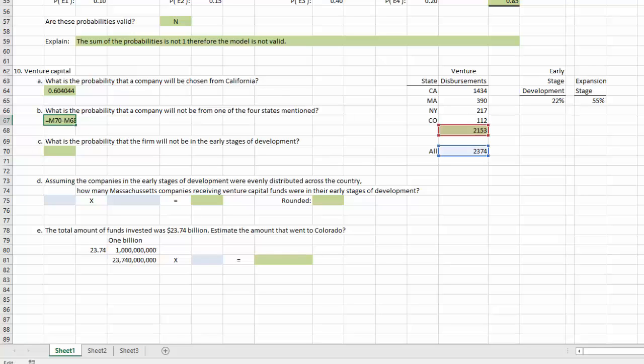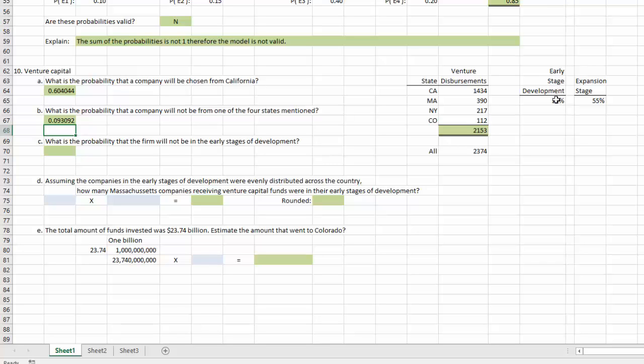So what's the probability of a company being in that 221? All I'm going to do here is wrap that in parentheses because we want to make sure our calculation is correct. And we're going to divide that by the total number of the states. So now we're going to say there's a 9% chance that the company will not be from one of the 4 states mentioned.